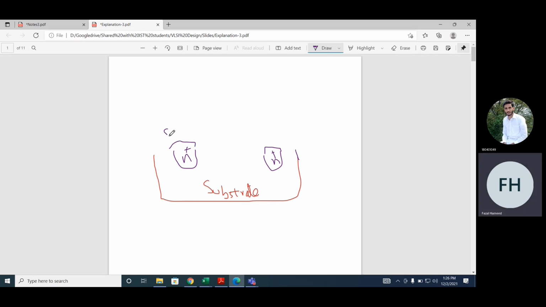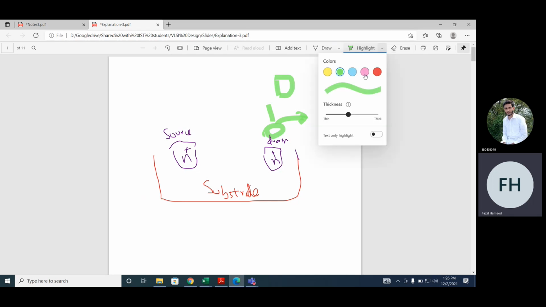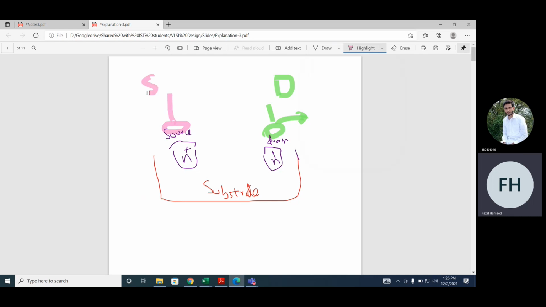One is the source and another is the drain. On the top of this source and drain, there is some polysilicon layer. This is the drain terminal, and this is the source terminal.